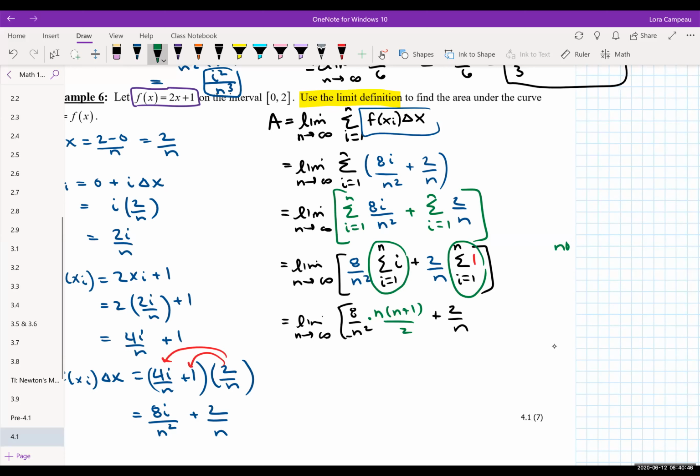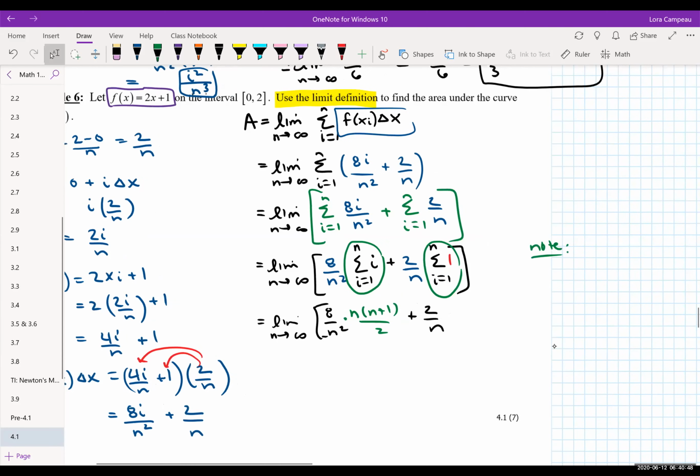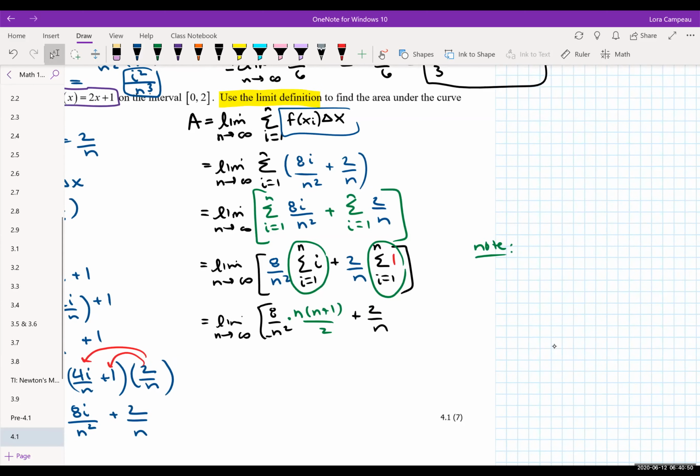And even though you might have the formula down for any time you summate a constant, if you really think about what's happening here, the summation of 1 from i equals 1 to n, basically that's like saying 1 plus 1 plus 1 plus 1 until you get to n.